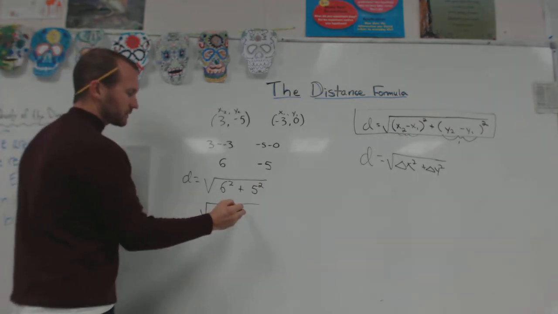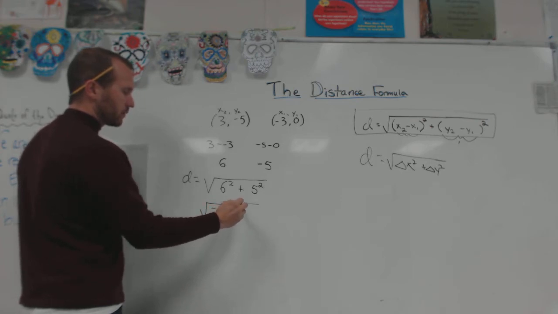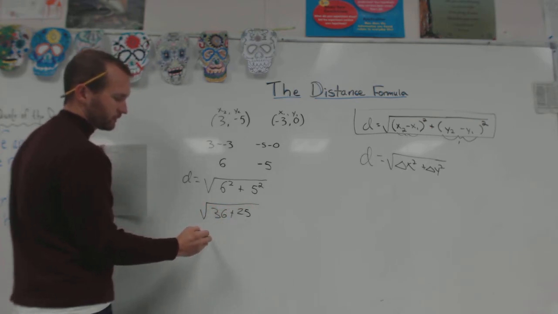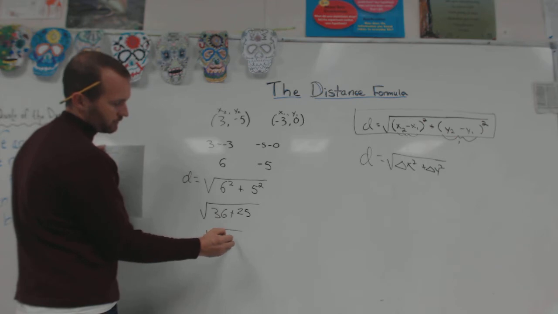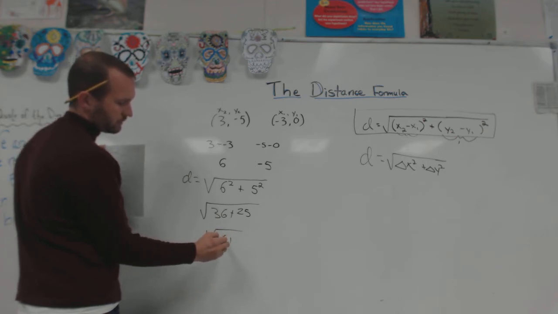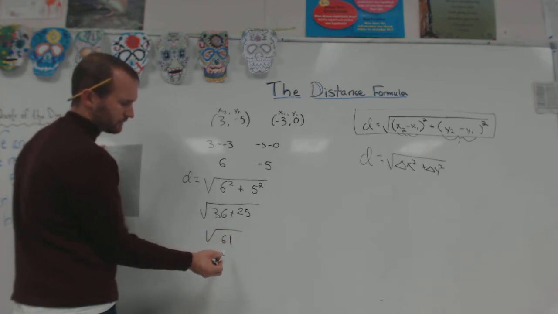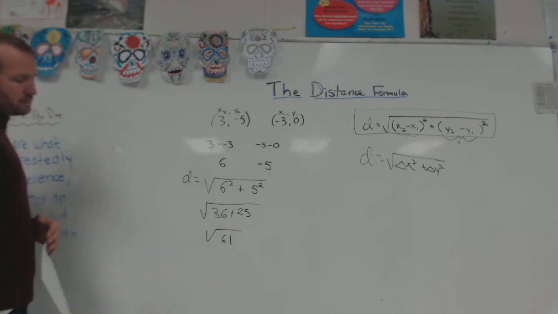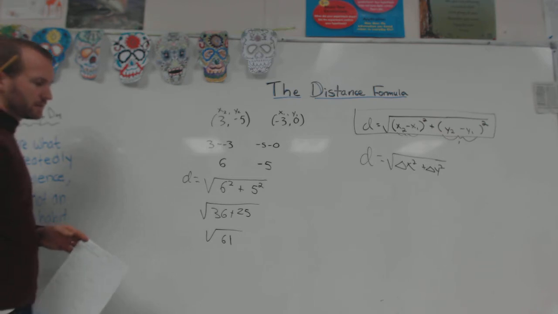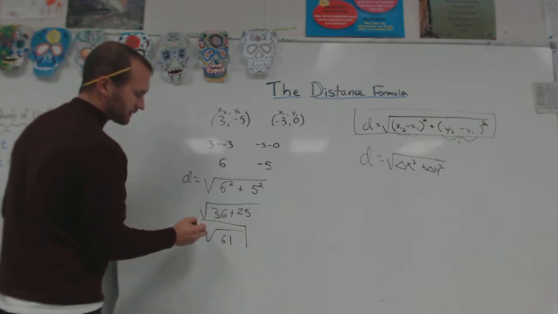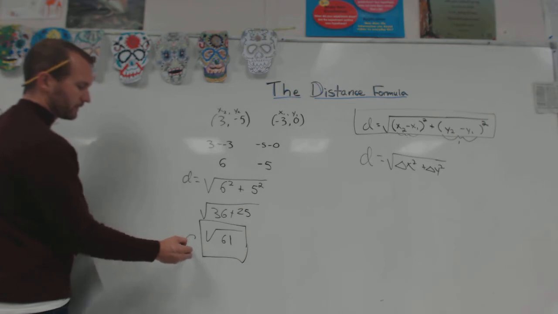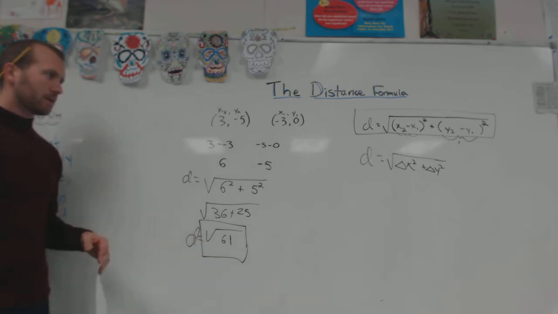So my distance is the square root of 36 plus 25, the square root of 61. Does that have any perfect squares in it? I don't think so. So that's our answer, the square root of 61. And that's it.